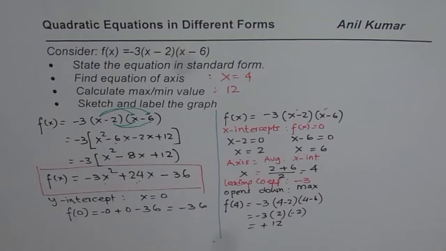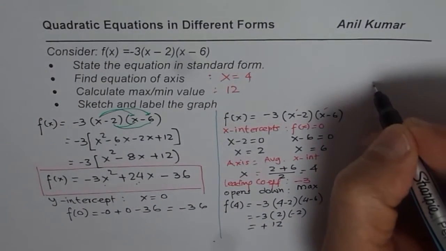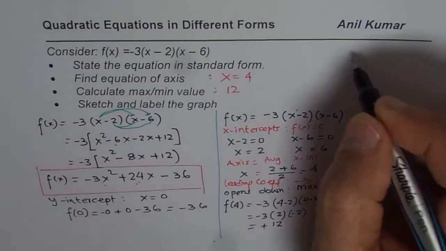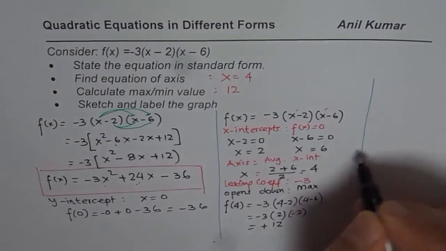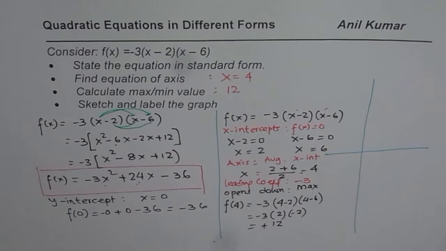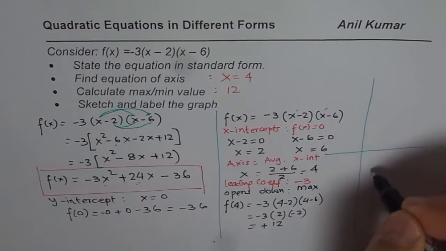So let me make a sketch here. What we see is that most of the graph is on the right side, and with my limitation on space, I will use that space like this. So we have a graph which has two x-intercepts. One is 2, the other one is 6. And it opens downwards, right?